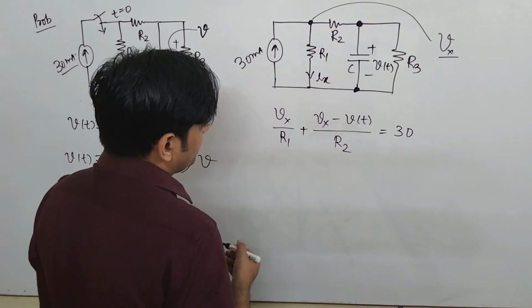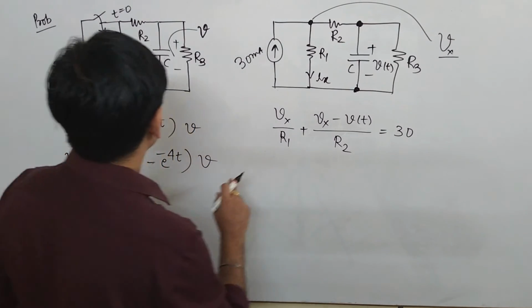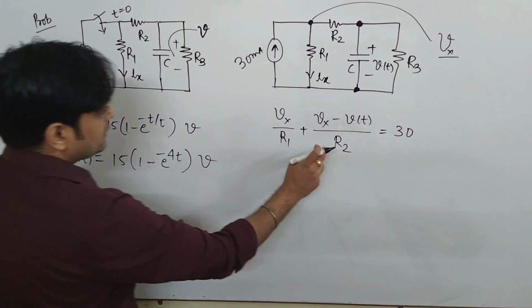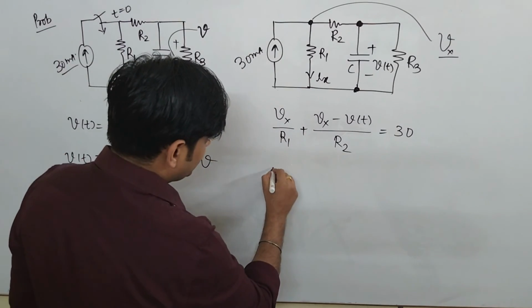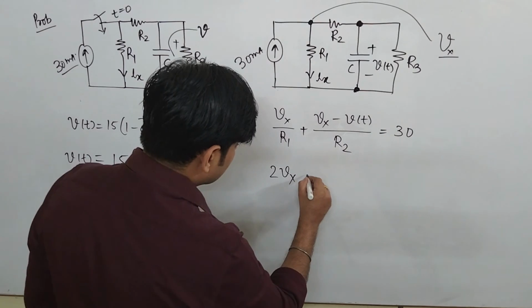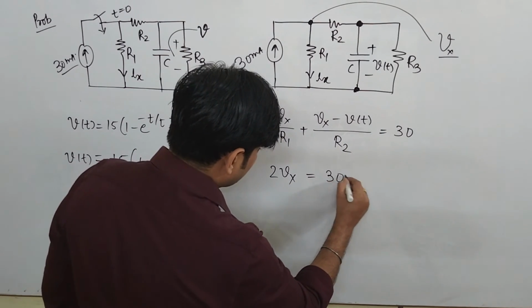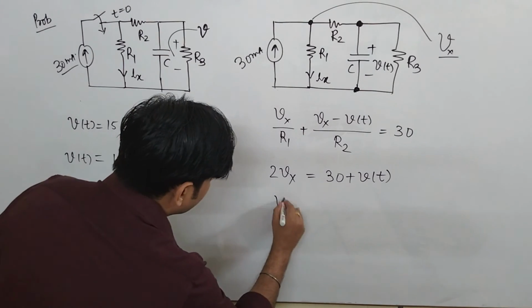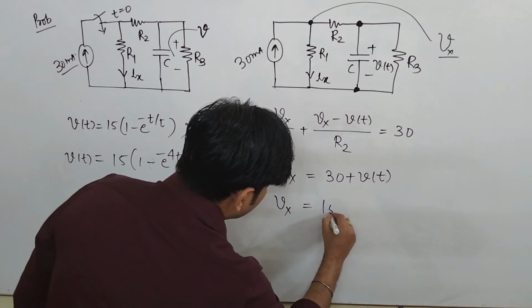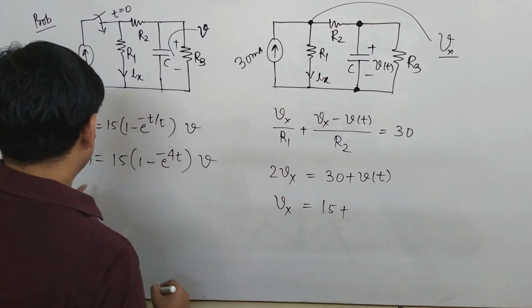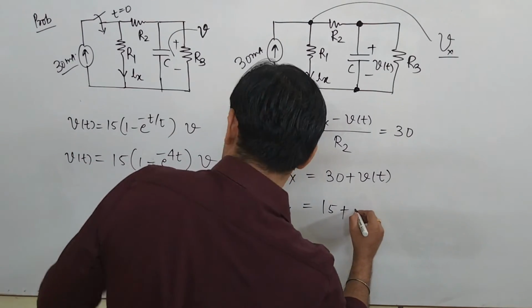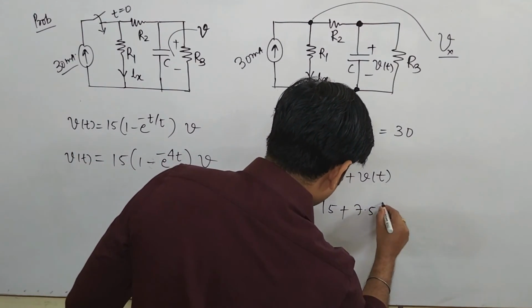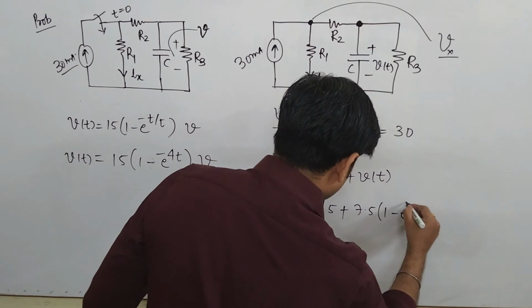For finding Vx, R1 was 1 and R2 was 1. So that comes to be twice Vx is equal to 30 plus Vt. Very simple. Or you can say Vx is equal to 15 plus Vt by 2, so that comes to be 7.5 into 1 minus e to the power minus 4t.